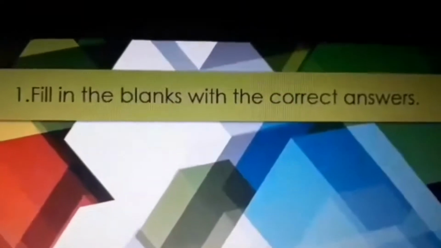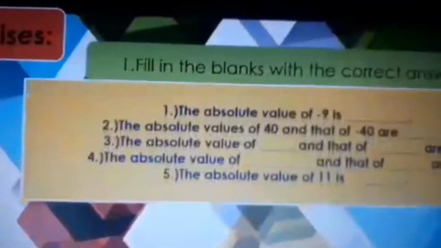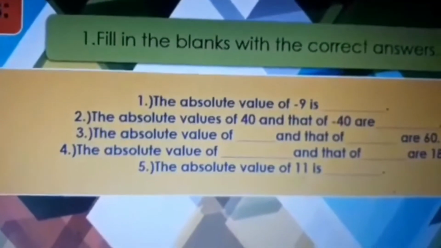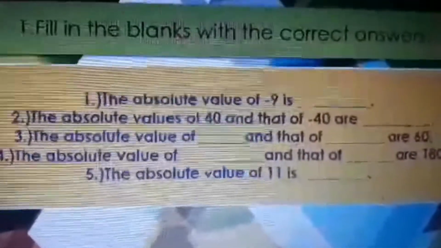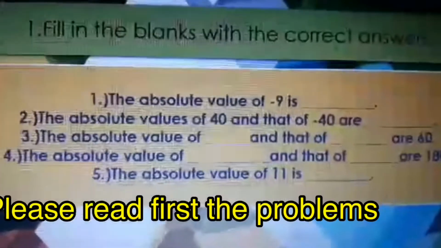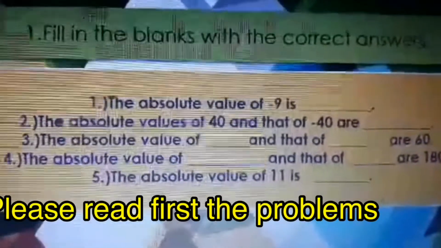Next, here are exercises. The first exercise, number 1, fill in the blanks with the correct answers. Here the problem. For number 1, the absolute value of negative 9 is blank. So what is the answer of that? Later we will answer.